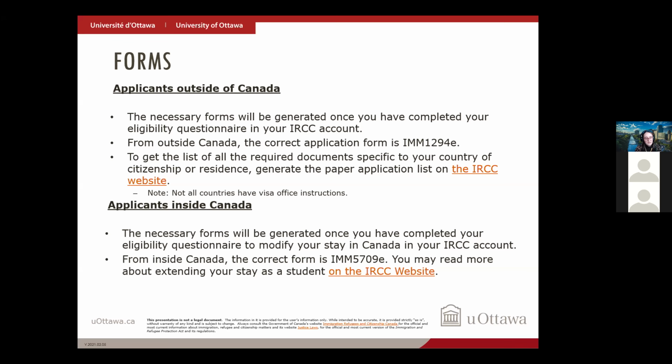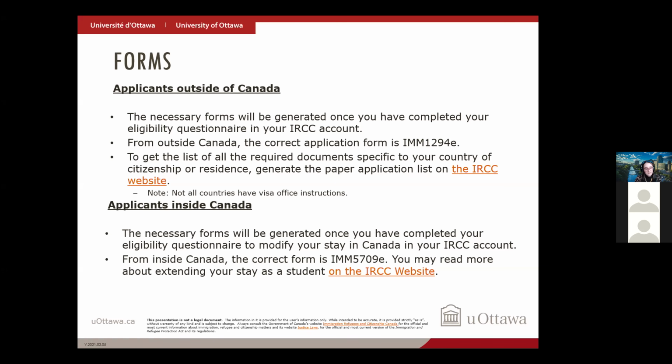So if you're outside Canada, the correct application form is actually the IMM 1294E. That is the application form when you're applying for a study permit from outside Canada.